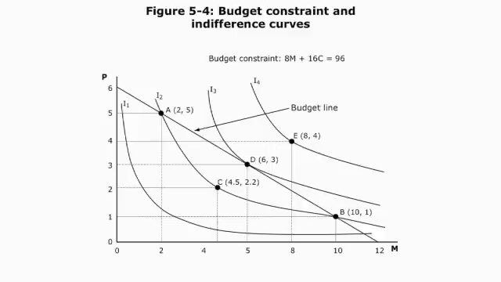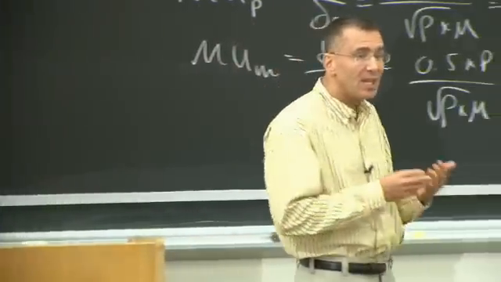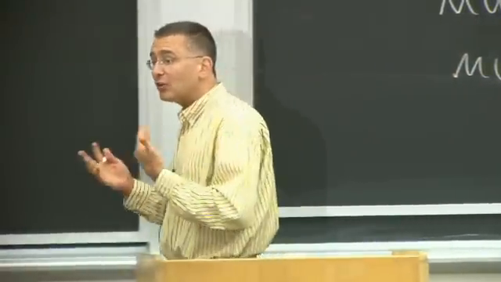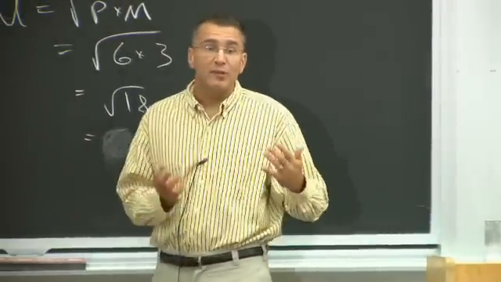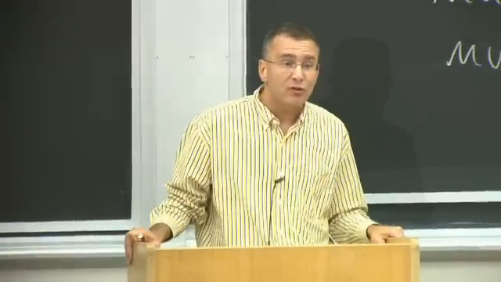But only D is optimal, because you also have to remember more is better. You never want to leave money on the table. So the two conditions you have to meet are that you're at the point where your desired trade-off between pizza and movies is the same as the market's, and where you're spending all your budget. And that's the optimum. Questions about that?